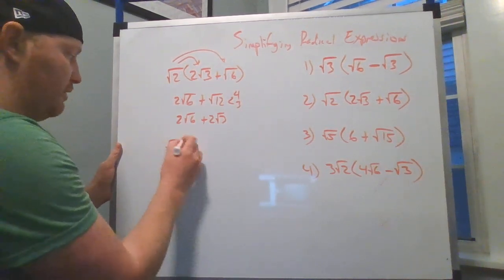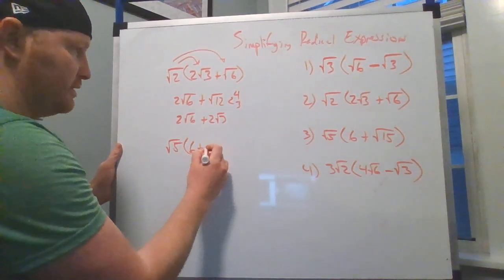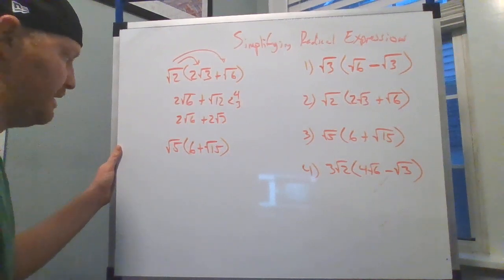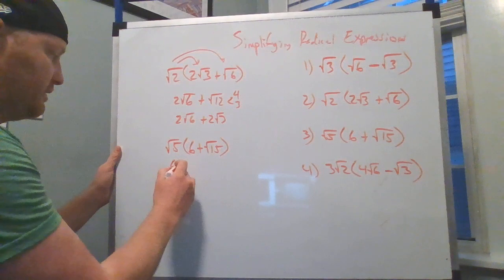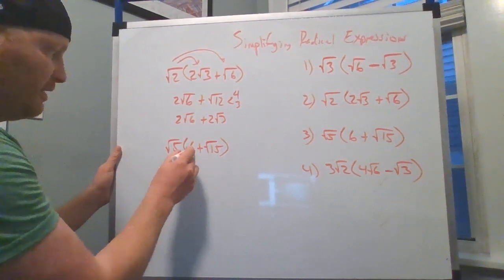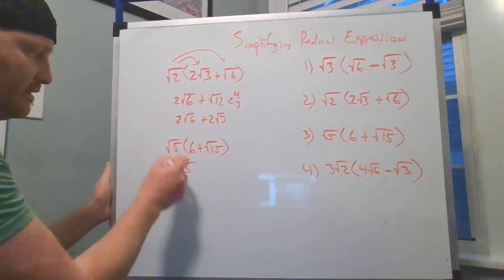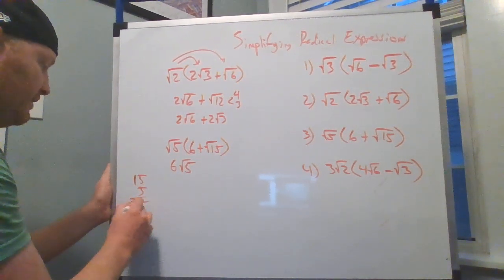So I got radical 5 times 6 plus radical 15. And here we go. We got 5 and 6. I got 6 radical 5. Remember, this is not inside the radical. This is considered outside, so it stays outside. And this is just this. And 15 times 5, 75.